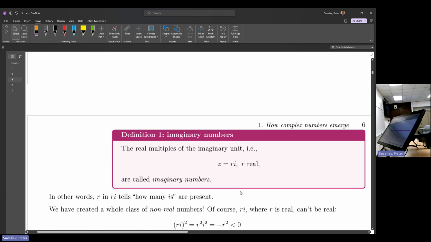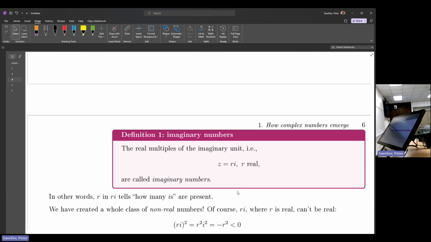So imaginary numbers, once again, they're simply multiples of the imaginary unit. i is the imaginary unit, so multiplying the imaginary unit by r produces the imaginary number. So for each real number r, there is an imaginary number ri, which means there are infinitely many of them already. For each real number, there's one imaginary, so they have exactly the same number.